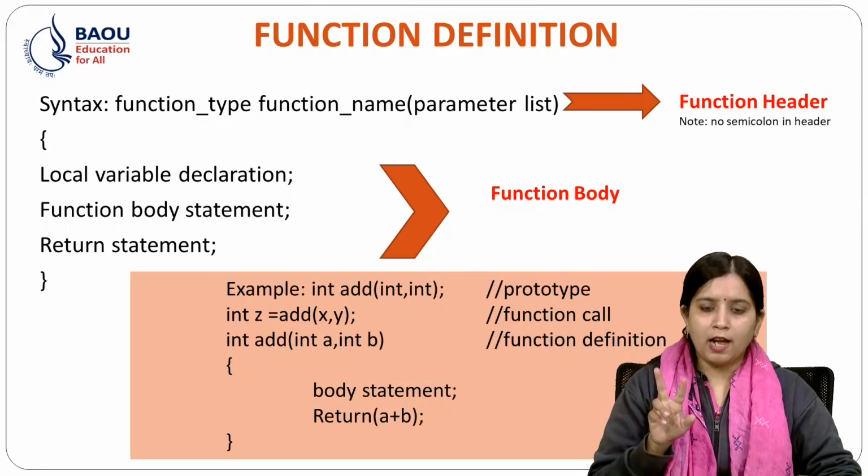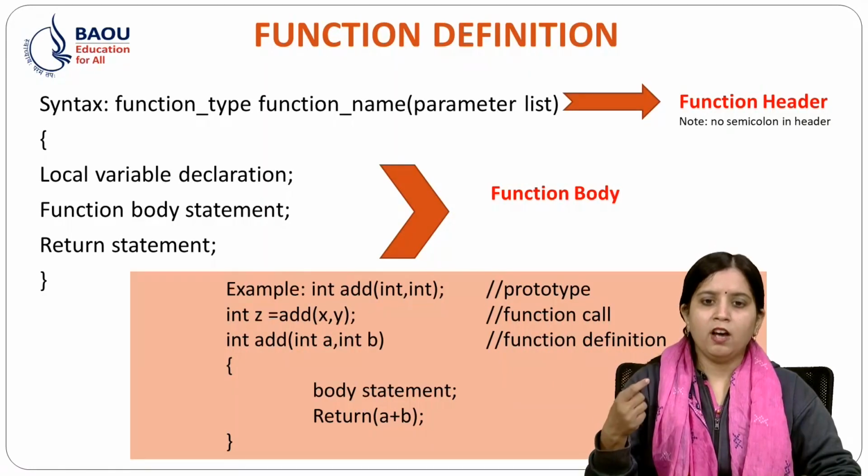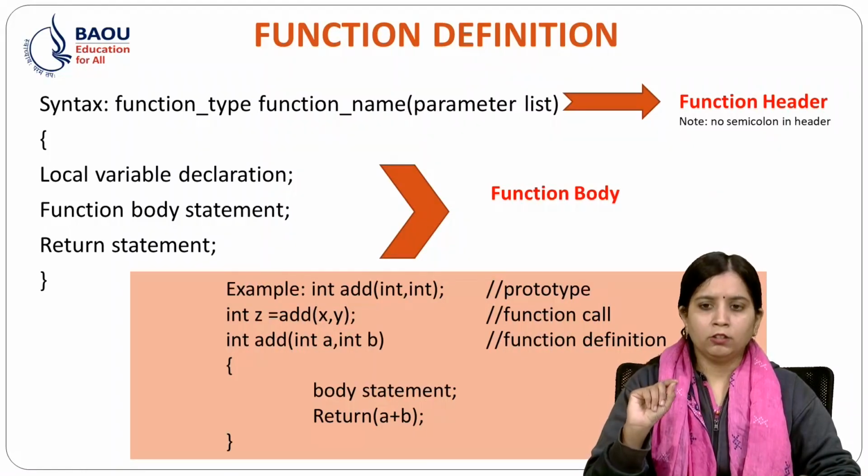So these are two parameters we are defining in our int add. After that we have written our body statement and we are returning a plus b, that is the summation of the local variables we have passed, int a and int b.